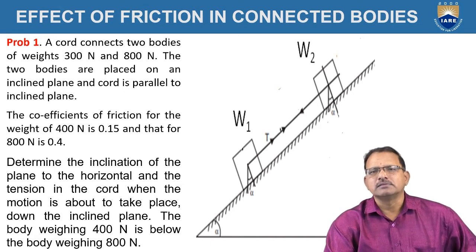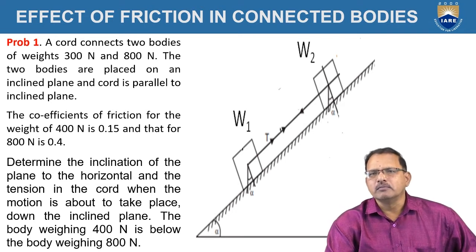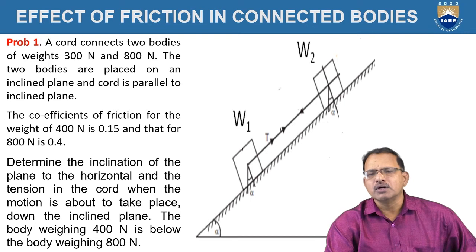on which they rest. To give this explanation, I am taking one small problem here. A cord connects two bodies W1 and W2 placed on an inclined plane, and the cord is parallel to the inclined plane as shown in the figure.